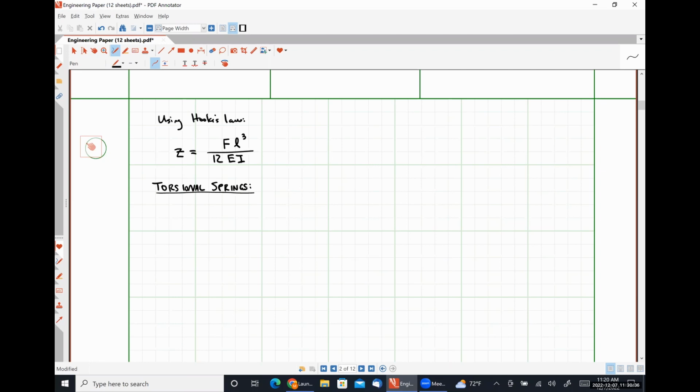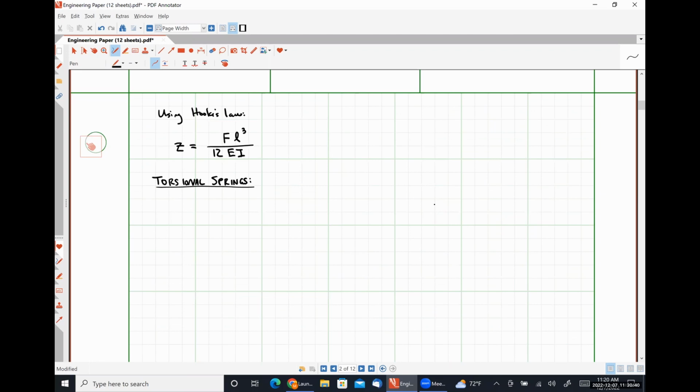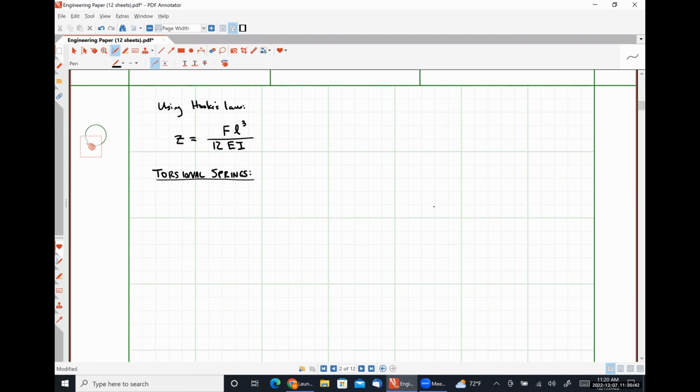So let's consider a beam with a rectangular cross-section because that's the type of beams that we're going to deal with that is experiencing a torsional moment.